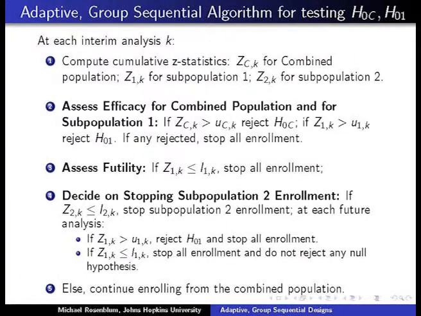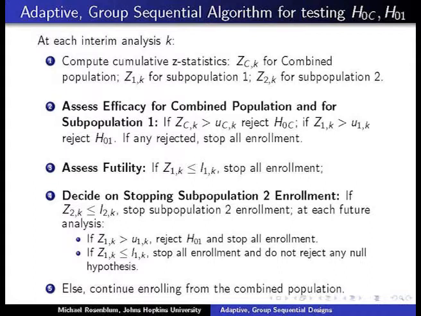You also have Z_1k, which uses only data for subpopulation 1, and Z_2k, which is just for subpopulation 2. In fact, you can use two of them to construct the third. But essentially, you have these 3 numbers.